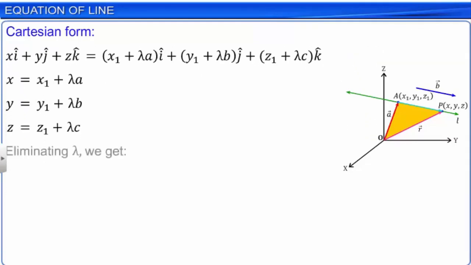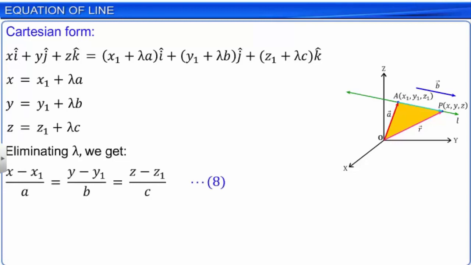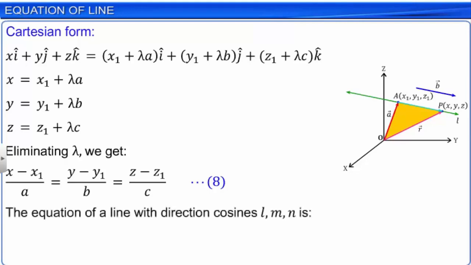Eliminating lambda from the equations for x, y and z, we get equation 8, which is the Cartesian equation of a line that is parallel to a vector having direction ratios A, B, C and passes through points x1, y1, z1. If L, M and N are the direction cosines of the line, then the Cartesian equation of the line is of the form as shown.